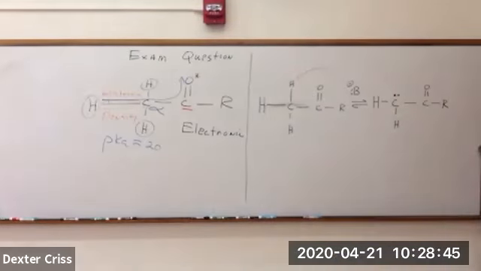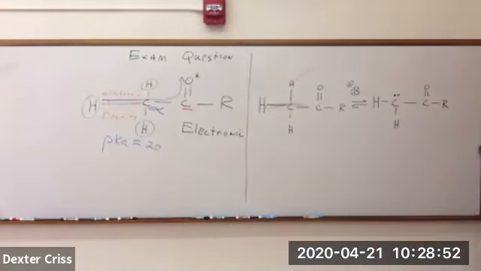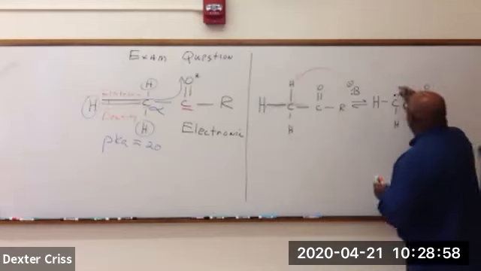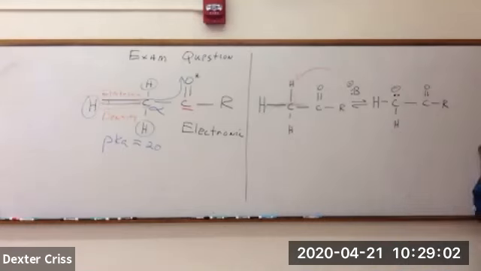So I'm going to leave the electrons on that carbon atom. You with me? Now, of course, this carbon bears a negative charge, and that carbon, if we were to classify it, is a carbanion. And carbanions are reactive.